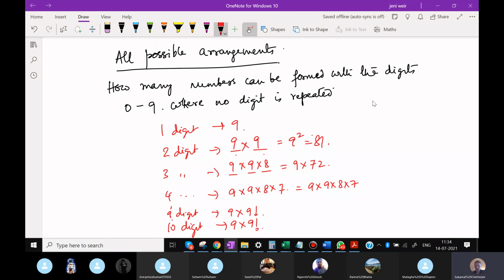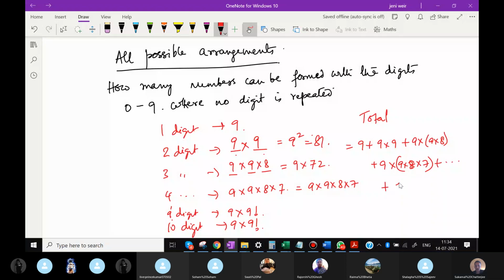So that means if I add all of this up, then the total will be 9 plus 9 into 9 plus 9 into 9 into 8 plus 9 into 9 into 8 into 7 and so on up to 9 into factorial 9 into 2, right?